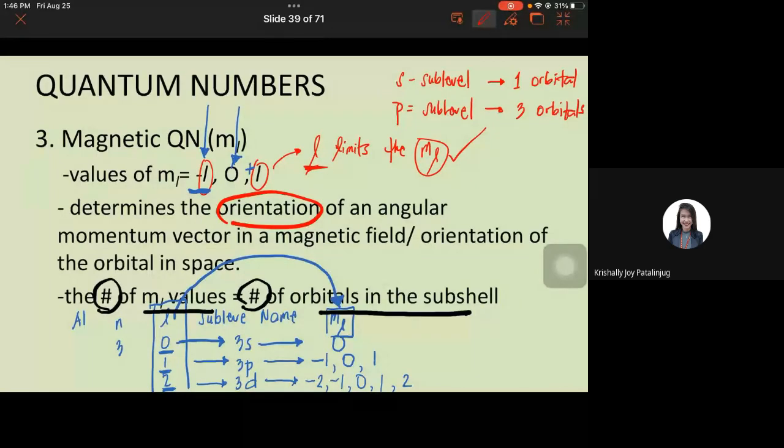Now, the reason why the S sub-level has only one orbital is because we only got one M sub L value for an S. Try to check, you simply count. There's only one M sub L value under the S sub-level, which is 0.